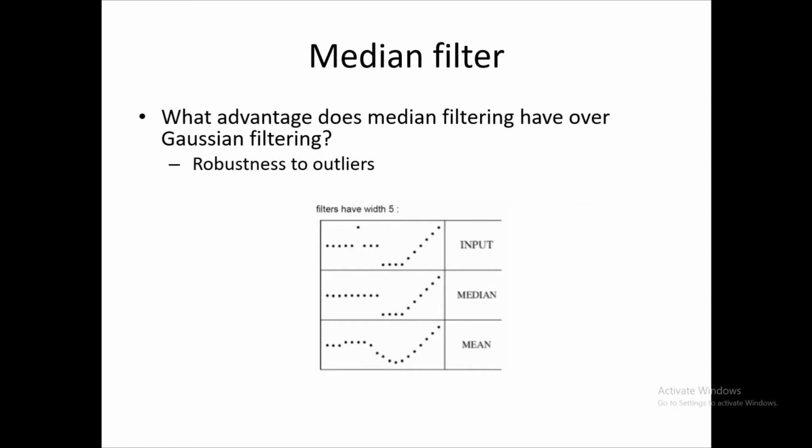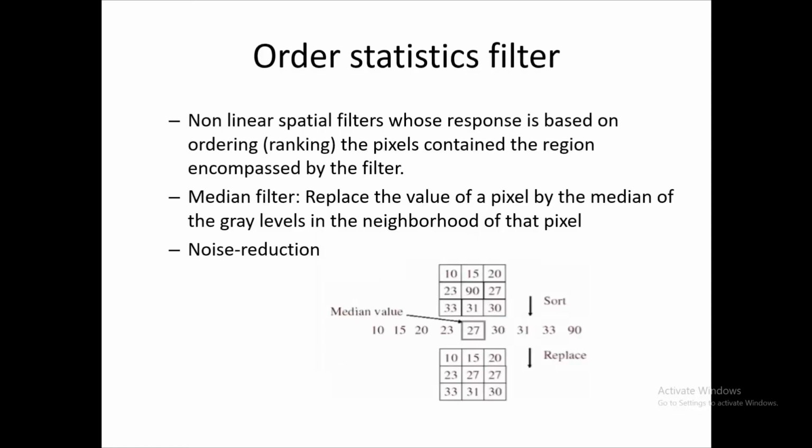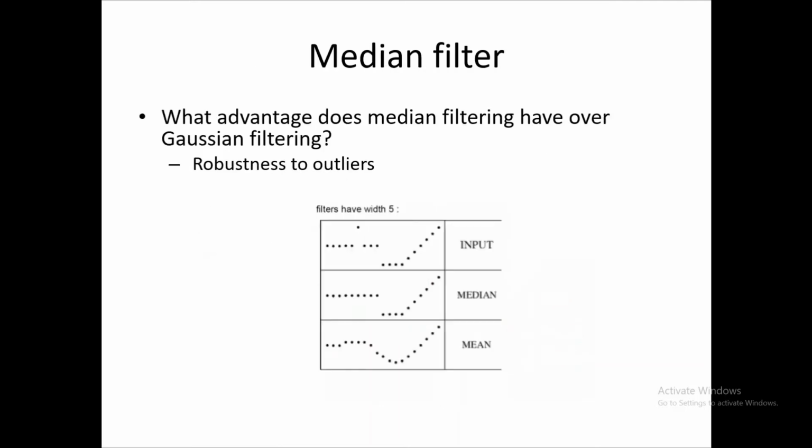If we look at the nature of these pixels, the 90 can be taken as an outlier because its value is completely different from the other pixel values.